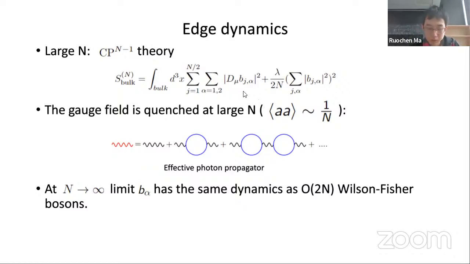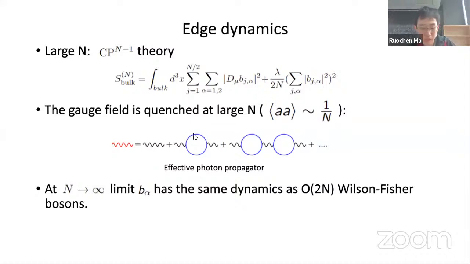So a well-known result is that when you consider large N, the gauge field is essentially dead. The gauge field is quenched at large N. This is basically because the photon propagator is of order 1/n. Recall that the effective photon propagator, which is the red wavy line here, is obtained by summing a geometric series of bubble diagrams shown here. And on the bubble, there are propagating bosons.